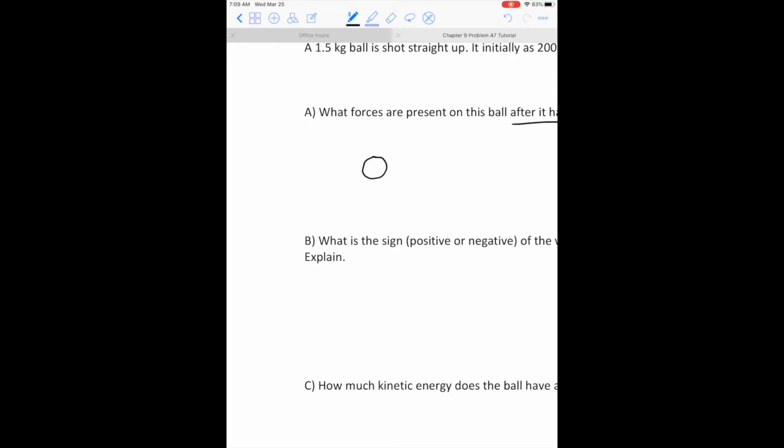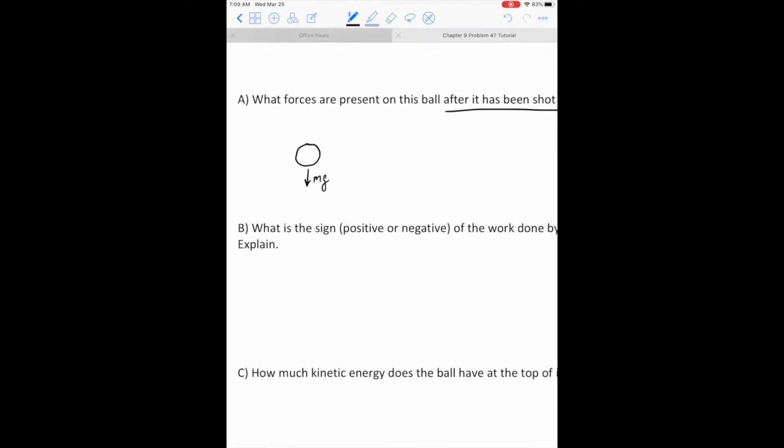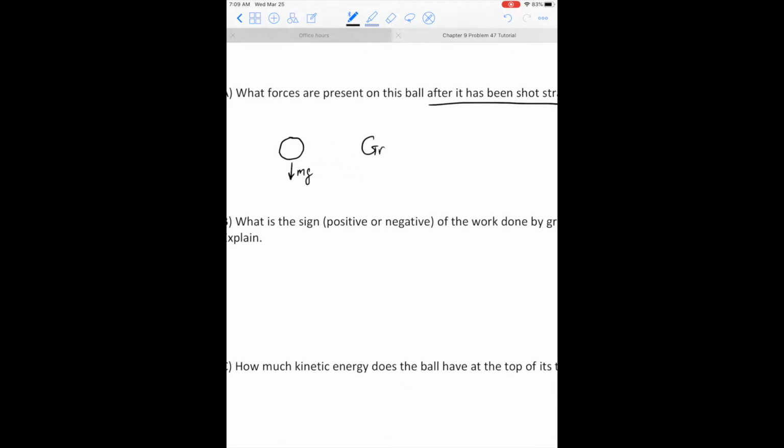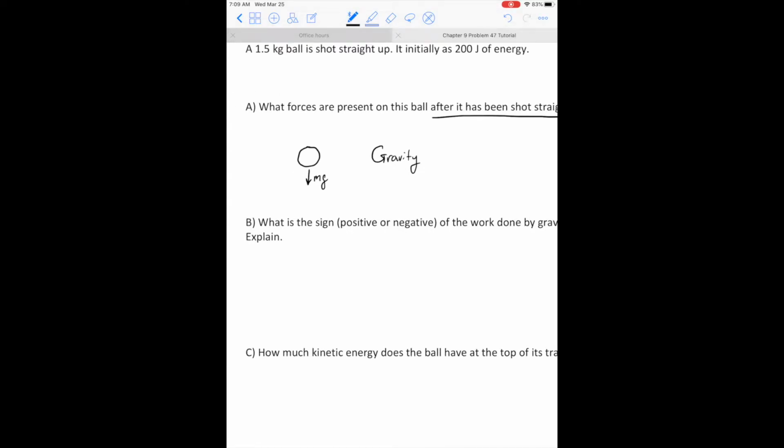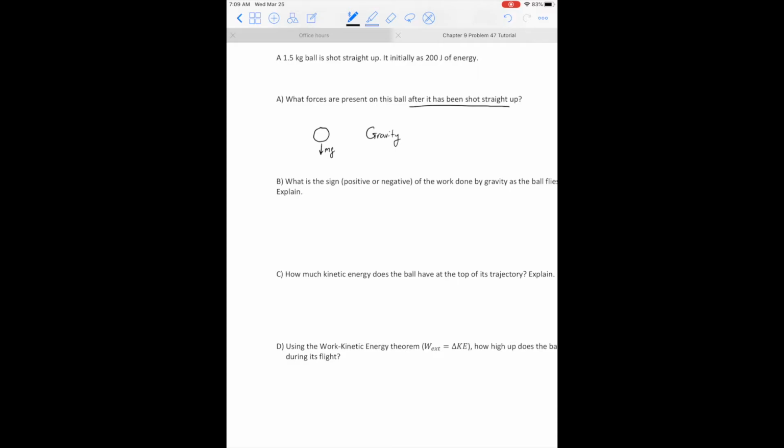It's just under the acceleration of gravity. So force of gravity is the only thing working on this right now, right? There's no surface for friction, no surface for normal force, no strings for tension.